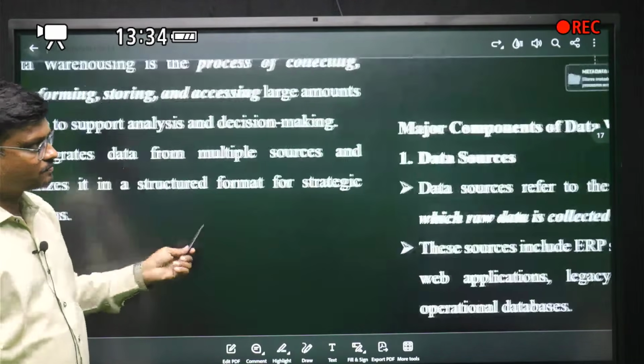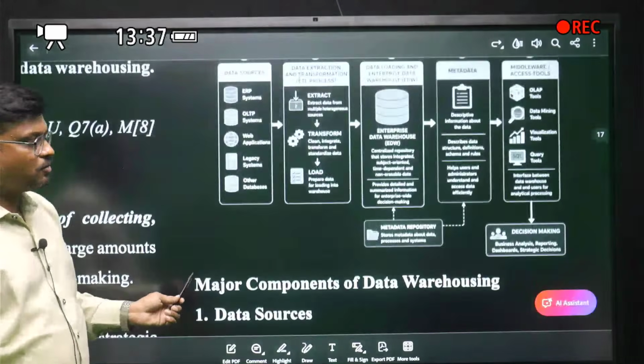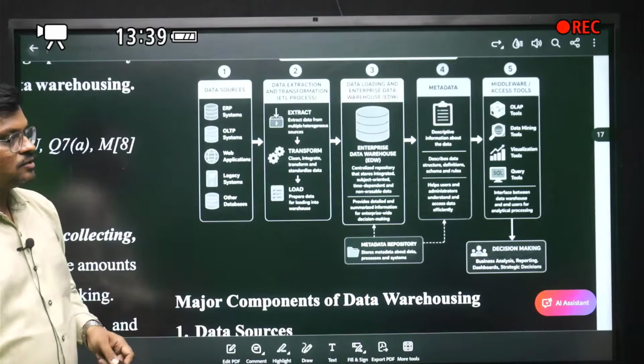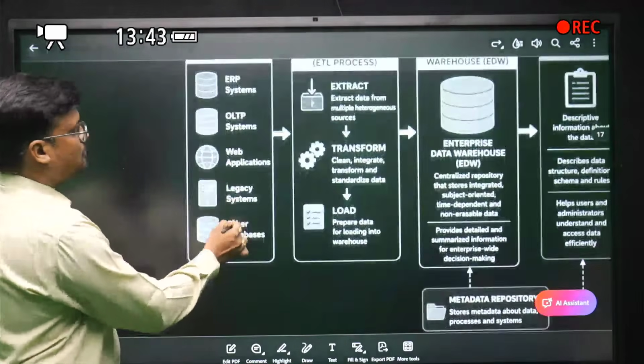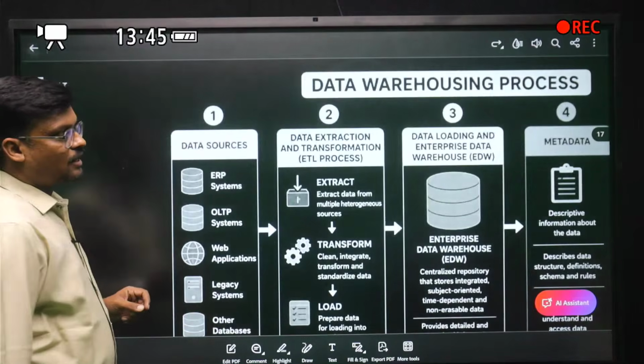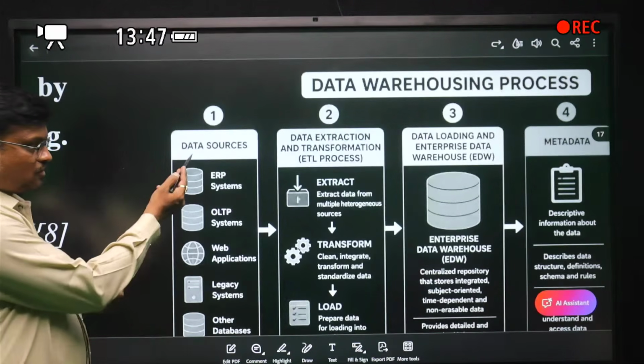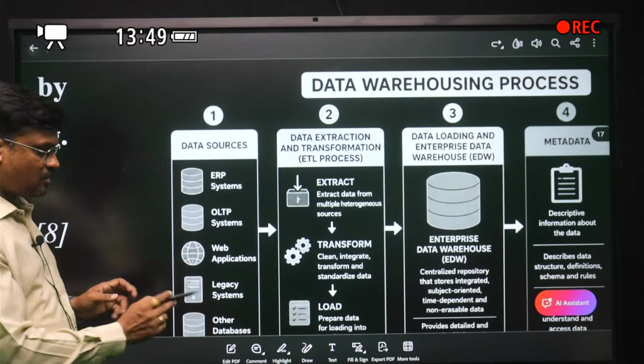Okay, dear. What are the major components of data warehousing? We will discuss one by one. In the data warehousing process, first you have to collect the data from various resources.